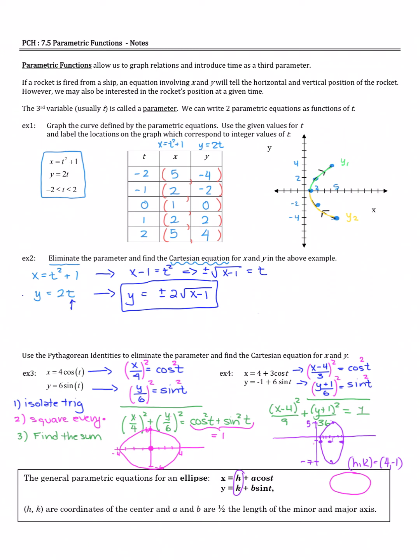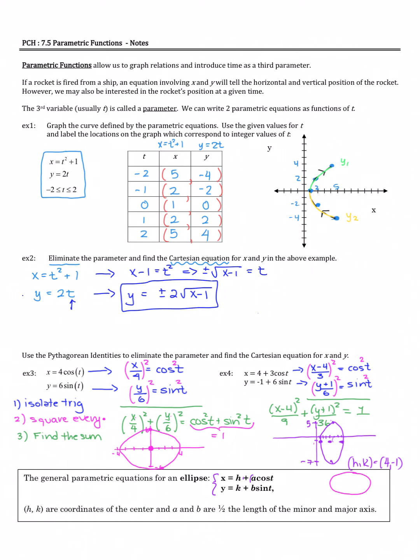So we will look at also graphing this on the grapher, which has a real advantage, but we're not going to emphasize using the grapher that much. But you can see how you can eliminate the parameter and come up with a Cartesian equation. If you want, you can, I never seem to really, but here is the relationship. So in parametric form for an ellipse, x equals h, which is the x coordinate of your center, plus a.